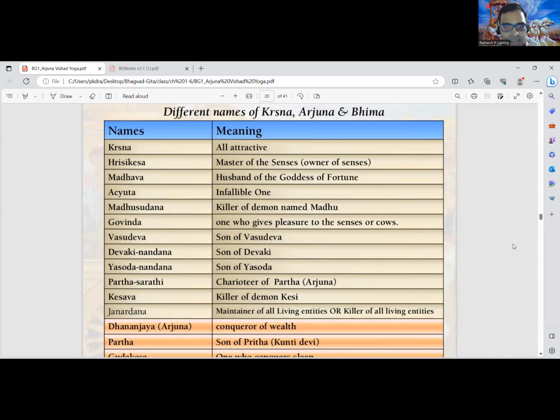Okay. Sabyasachi. Sabyasachi is for Arjuna, not Krishna. And Dhananjaya is also for Arjuna.